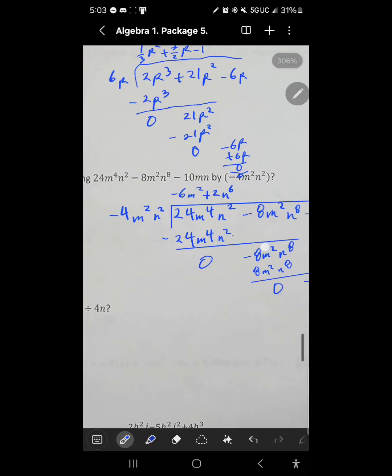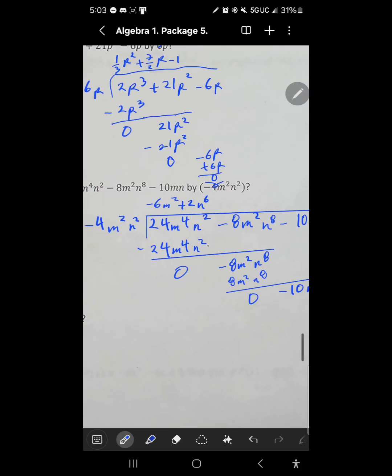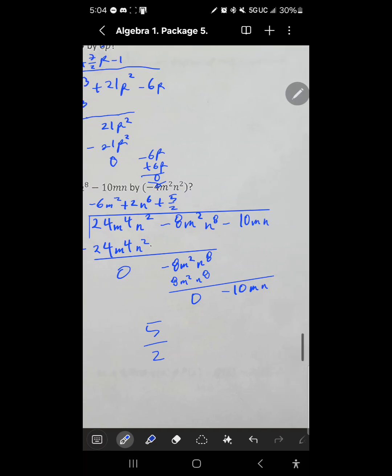Now negative 10 divided by negative 4 is positive 10 over 4, but 10 over 4 can be simplified. We divide by 2. 10 divided by 2 is 5. 4 divided by 2 is 2. So this is the same as 5 over 2.